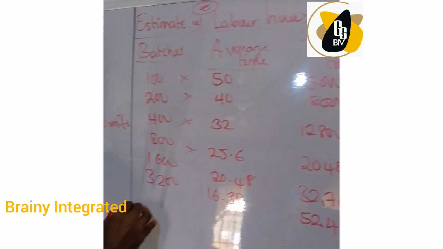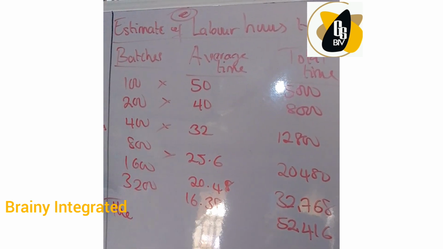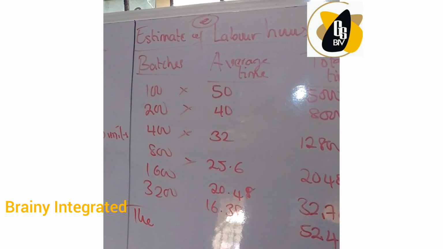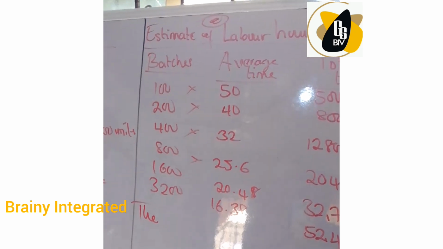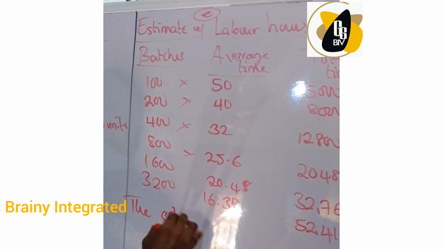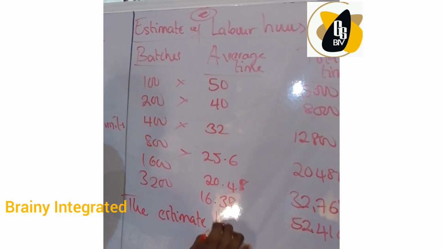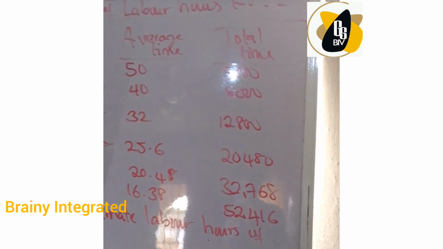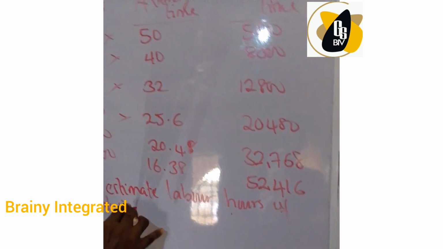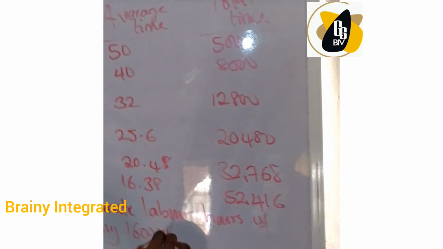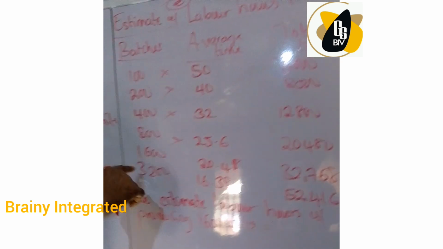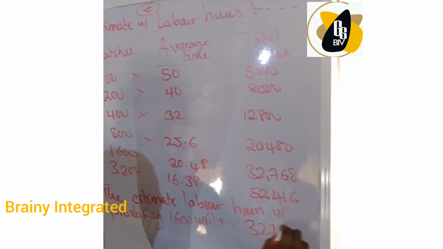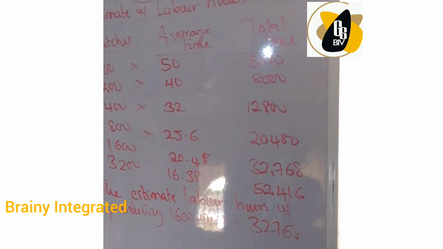So the answer is the estimated labor hours for producing 1600 units is equal to 32,768 hours.